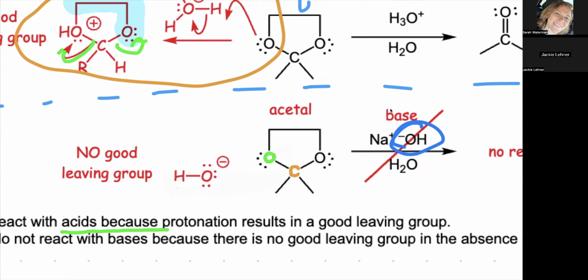I guess the only other possible function it could have, which isn't really helpful, is that technically on the carbon there are methyls, so it could steal protons from there.